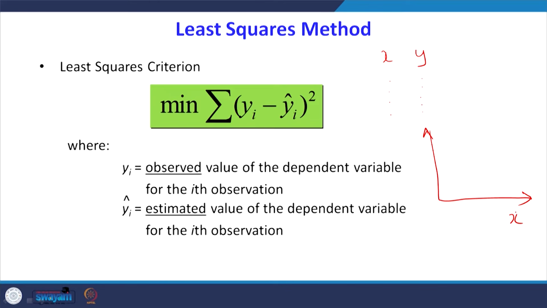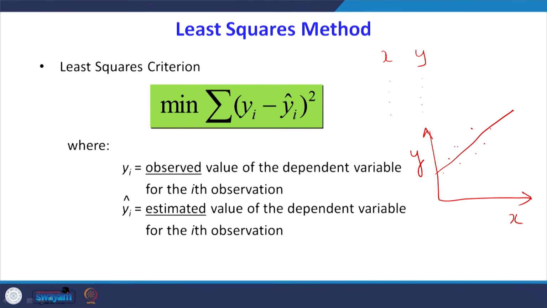So, this is the x axis, this is the y axis, and I have plotted points like this. My objective here is to draw a line. Ideally that line has to pass through all the given points, but that is not possible. So, what am I going to do? I am going to draw a line so that the error is minimized.